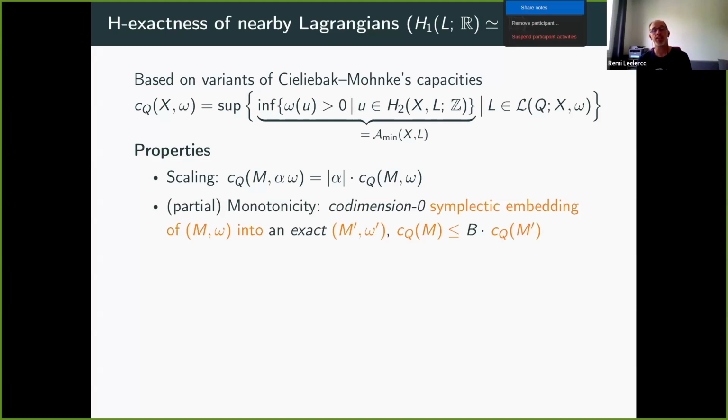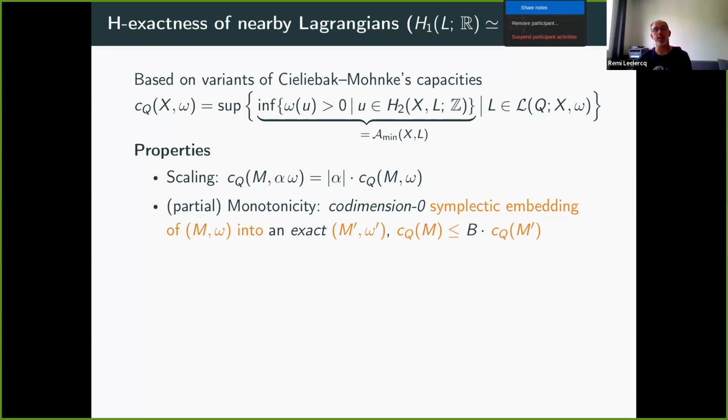So remember, monotonicity is what I wrote in orange here. If you have a symplectic embedding of M inside M prime, then the capacity of M is smaller than the capacity of M prime. Makes sense? Really nice property you could expect. So here, this is not going to be the case at all, but we have a partial version.